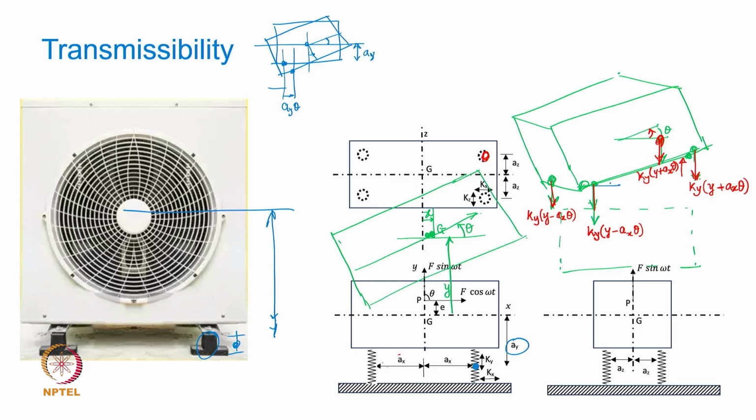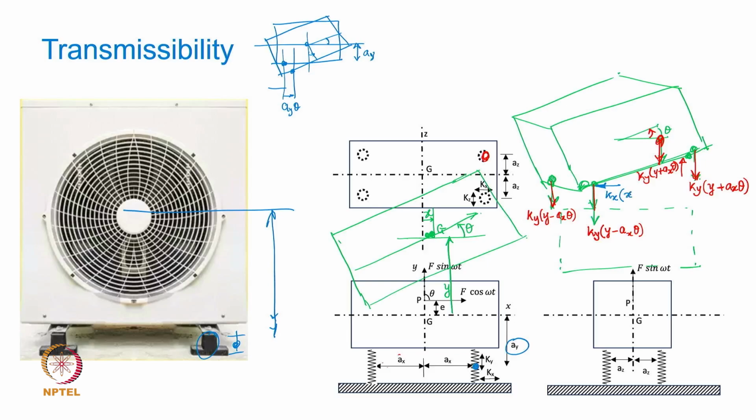This force, because of the horizontal, lateral stiffness of the mount, is obviously going to be kx into the net stretch in that spring. Now this unit is not only moving in the positive x direction, but it's also tilting. So how much will be the net stretch in it?